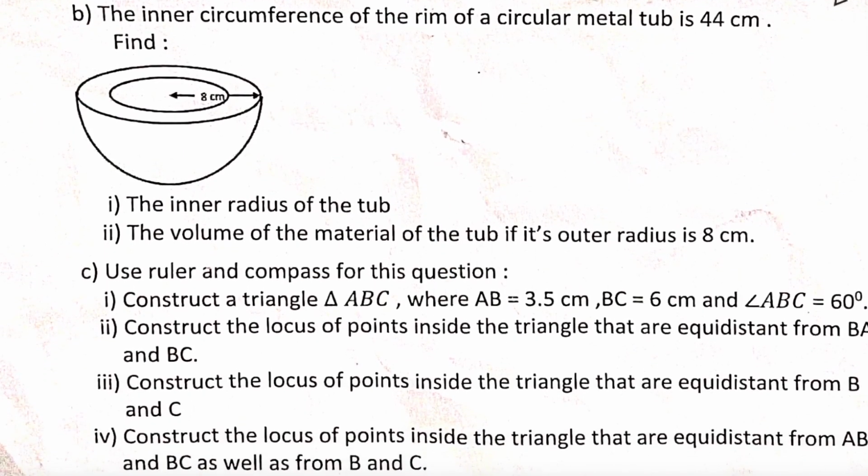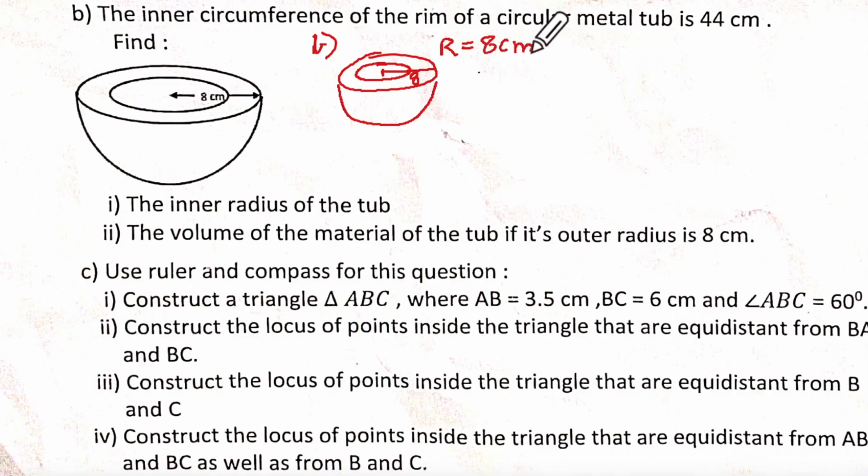B. Inner circumference of the rim of a circular metal tub is 44, and the outer radius is given as 8. So big R is equal to 8 centimeter.